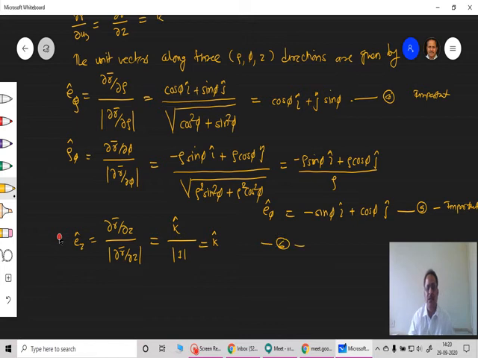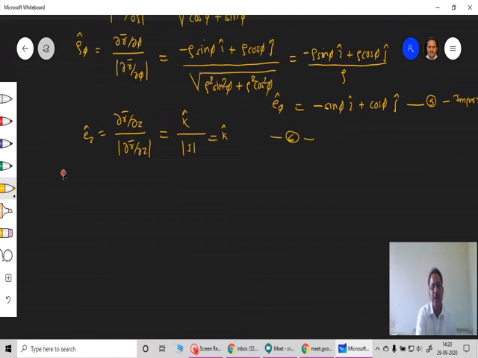So these are the three unit vectors we have drawn: E rho, E phi and E z cap. That is done exactly in the same way as we did for the spherical polar coordinate system. As I have now got this, I can go for the metric coefficients and scale factors.